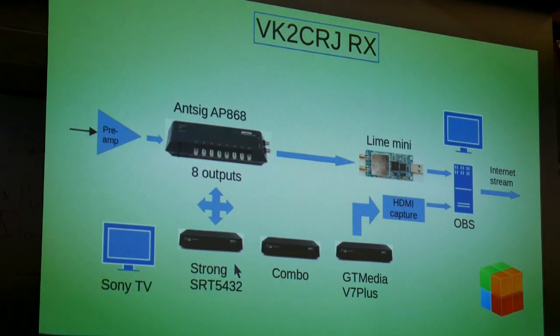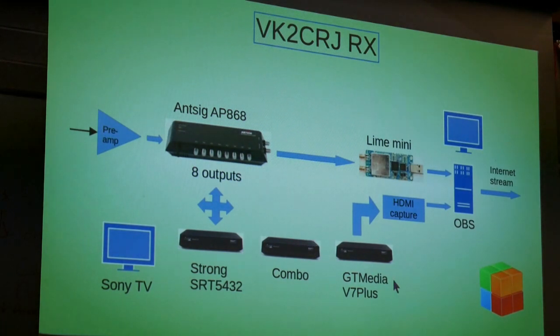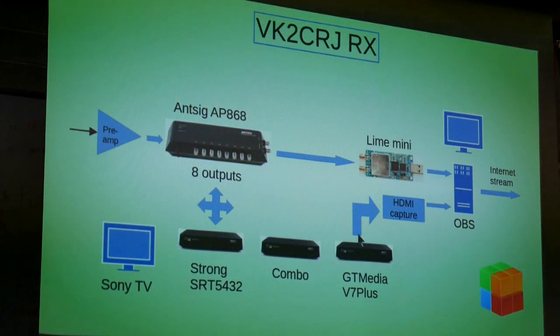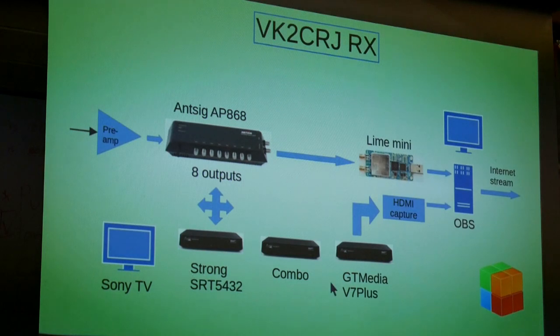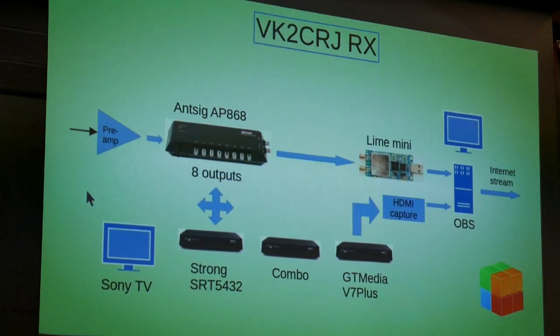I was surprised actually. I thought the combo was going to do better than that. The GT Media was the worst out of the lot in sensitivity, and I'm talking 3 or 4 dB difference in signal to noise to get a picture on that versus on this, for example.